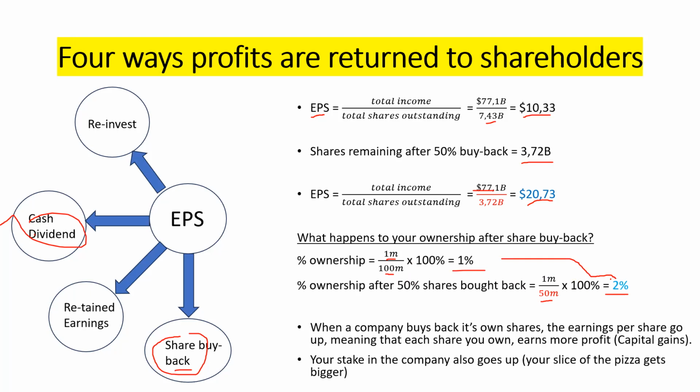That is why, as investors, we love it when the company buys back its own shares, because it automatically increases our percent ownership of the business. This is one of the most tax-effective ways a business returns excess cash back to its shareholders, as opposed to just giving it out as a cash dividend, which is not as tax-effective as share buyback.